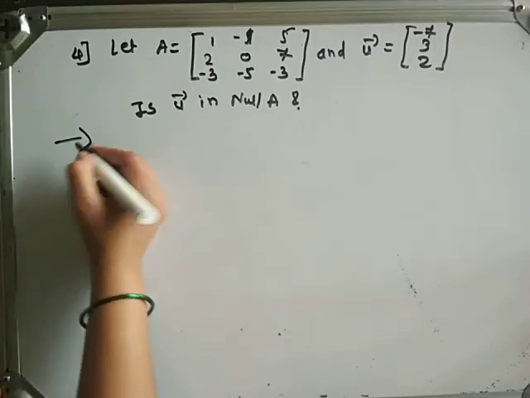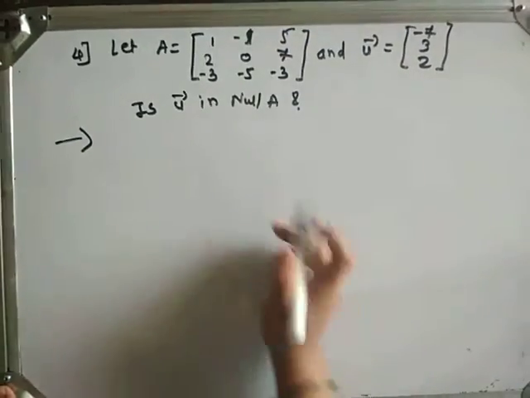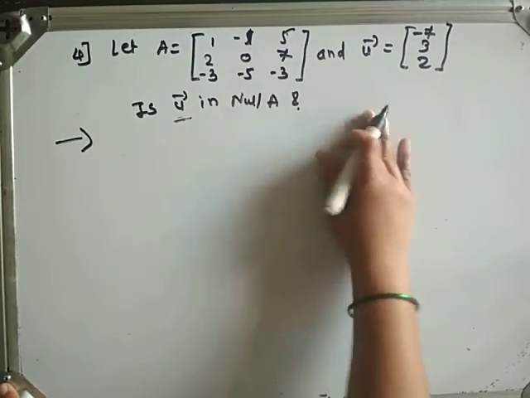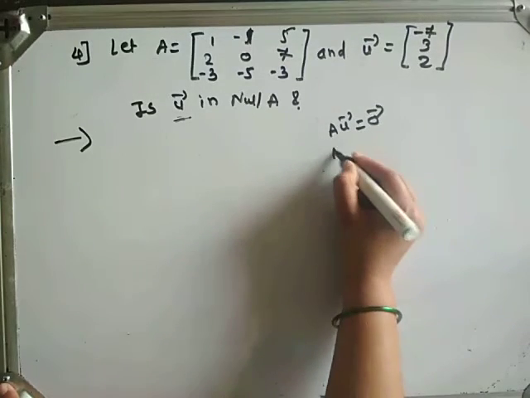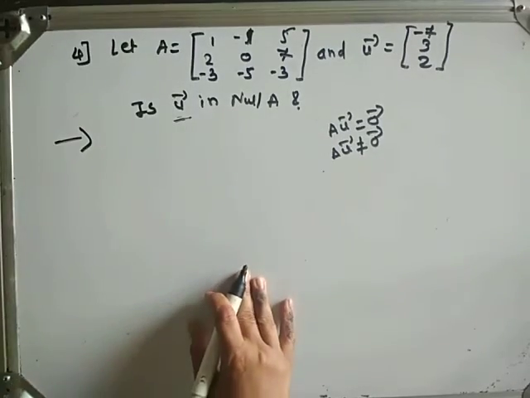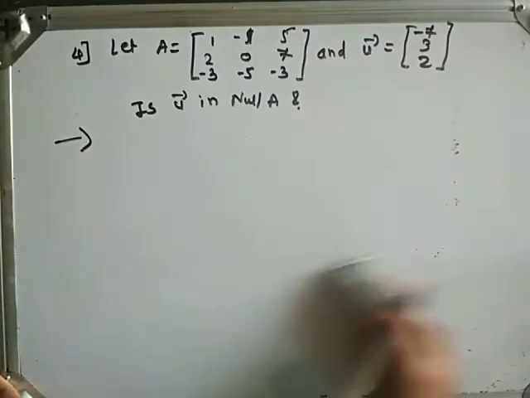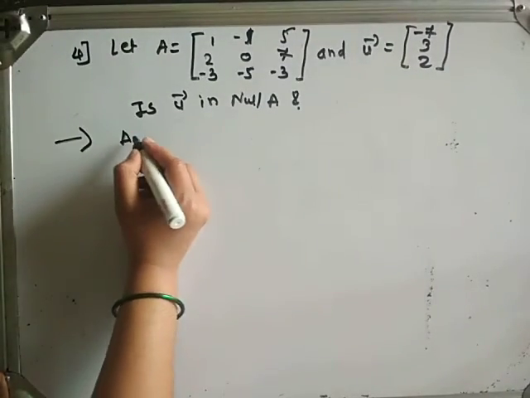In previous video, we have seen one note that if A into u bar is equal to 0 bar, then u bar is in null space of A. If A into u bar is not equal to 0 bar, then u bar is not in null space of A. So just compute A into u bar and check whether it is 0 bar or not.